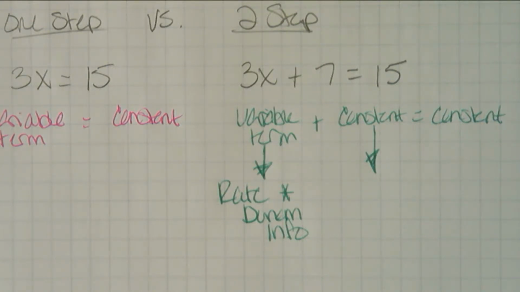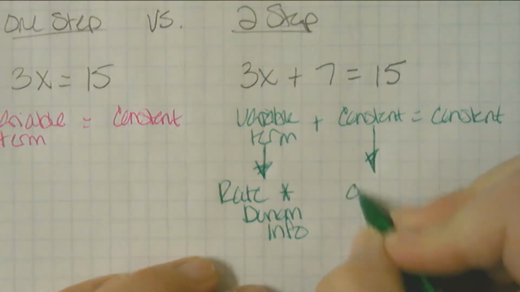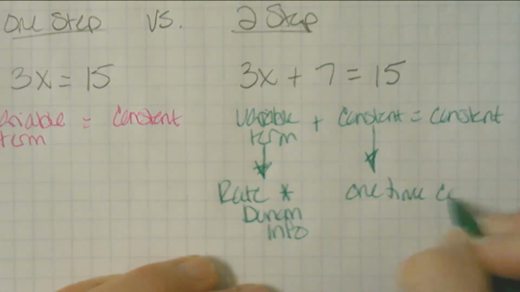Someone tell me, going from that perspective, what would that constant be? Alex? The membership fee. It doesn't depend on the number of months, right? It's a one-time cost. So that constant is going to be a one-time cost.